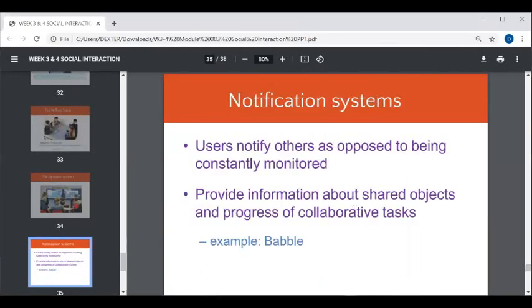Then we have the notification system. So the user notifies others as opposed to being constantly monitored. So it provides information about shared objects and progress on collaborative tasks.